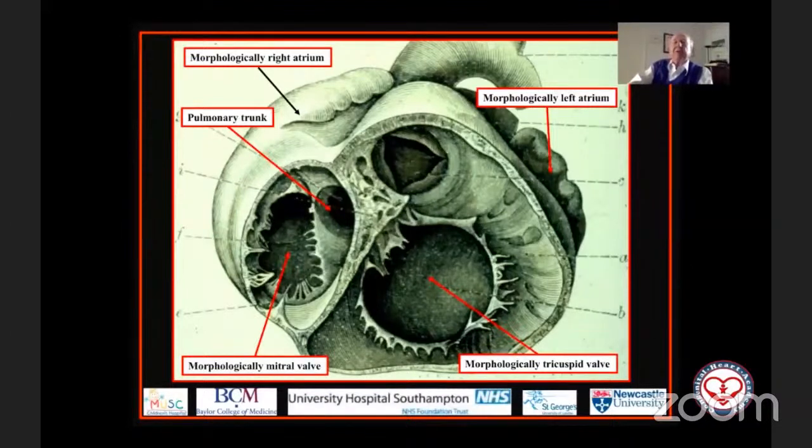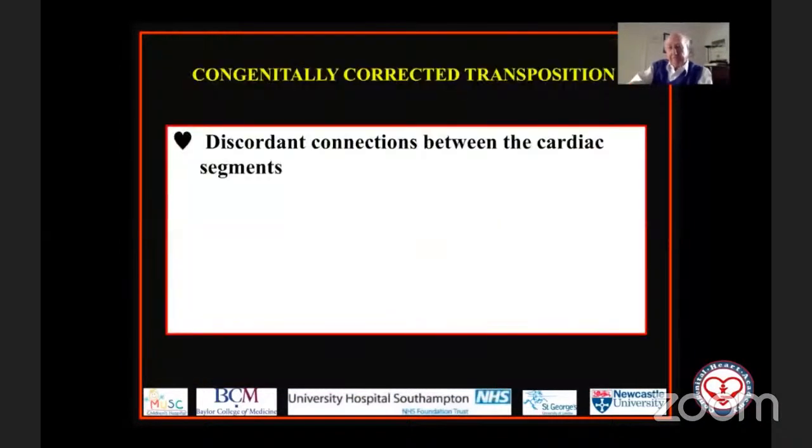We note its septal attachments, so that tells us that the morphologically right ventricle is left-sided. And there, arising anteriorly from the morphologically right ventricle, we have the aorta, which, as in the majority of cases of congenitally corrected transposition, is anterior and right-sided.